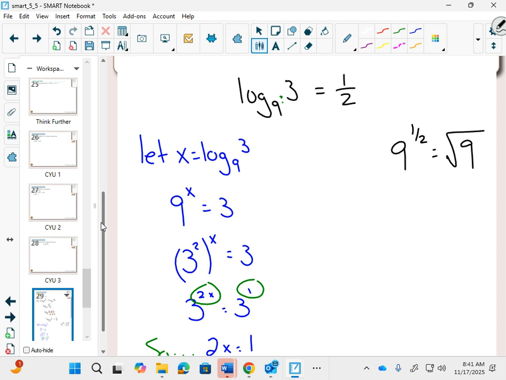But if you can't do it directly, you can introduce x and use the exponential form to be able to solve it. So one of the things that's really important in logarithms is to be able to switch back and forth from log form to exponential form to log form. Because sometimes when you can't figure it out in log form, you might be able to figure it out in exponential form.